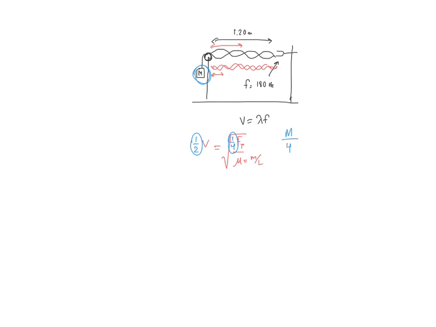In part D, if a point on the string at an antinode moves a vertical distance of 4 centimeters during one complete cycle, what's the amplitude of the wave? So let's say, if we look back at this diagram, let's take this point right here. That's a point on an antinode, and in one cycle, it's going to move 4 centimeters, which is from here down all the way to the bottom, and then back up to the top.